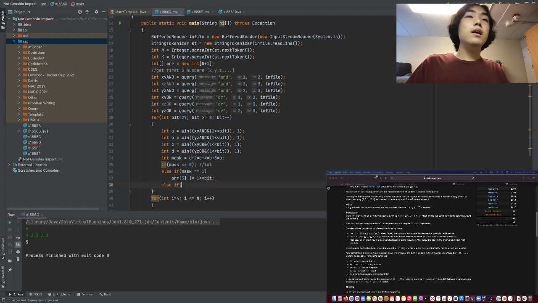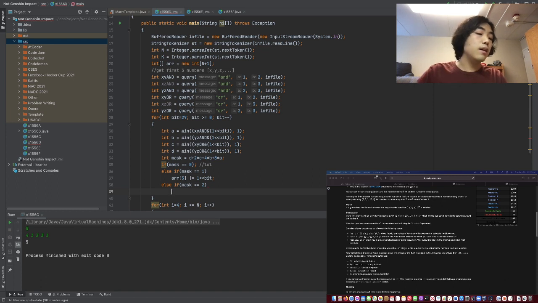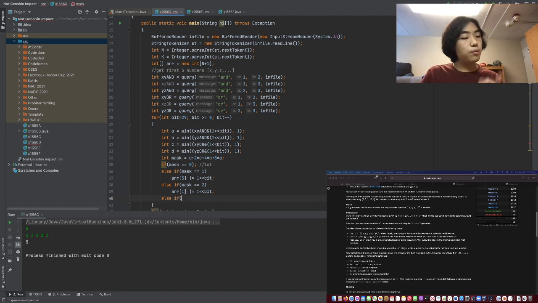Else if mask is equal to 2, then we know that A has the bit set, so array at 1. Mask equal to 3 is a special case.